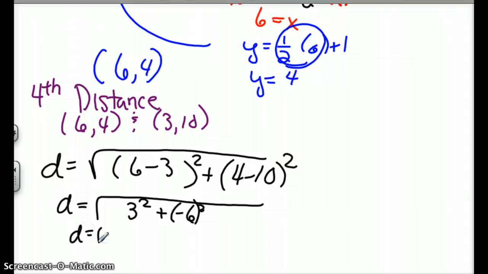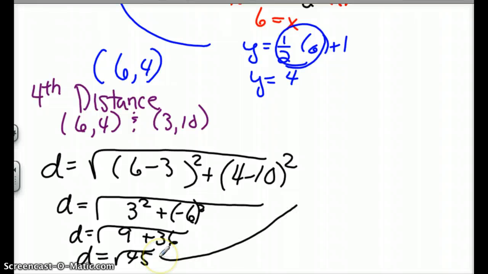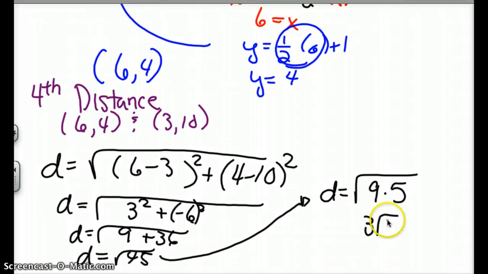D equals root 9 plus 6 times 6 is 36. D equals square root of 45. And now we need to simplify our root, guys. D equals 9 times 5. Square root of 9 is 3, so 3 root 5.